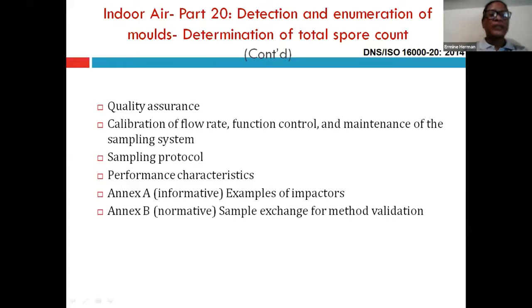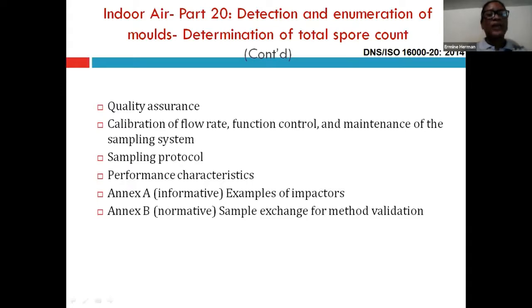How to calibrate the flow rate of your testing equipment, especially if you're doing total fungal counts, and that has to be via spore trap analysis, because you would not do culturable fungi in that aspect. So function control and maintenance of your sampling system is very important. A sampling protocol has to be developed prior to the actual analysis. What are the performance characteristics?